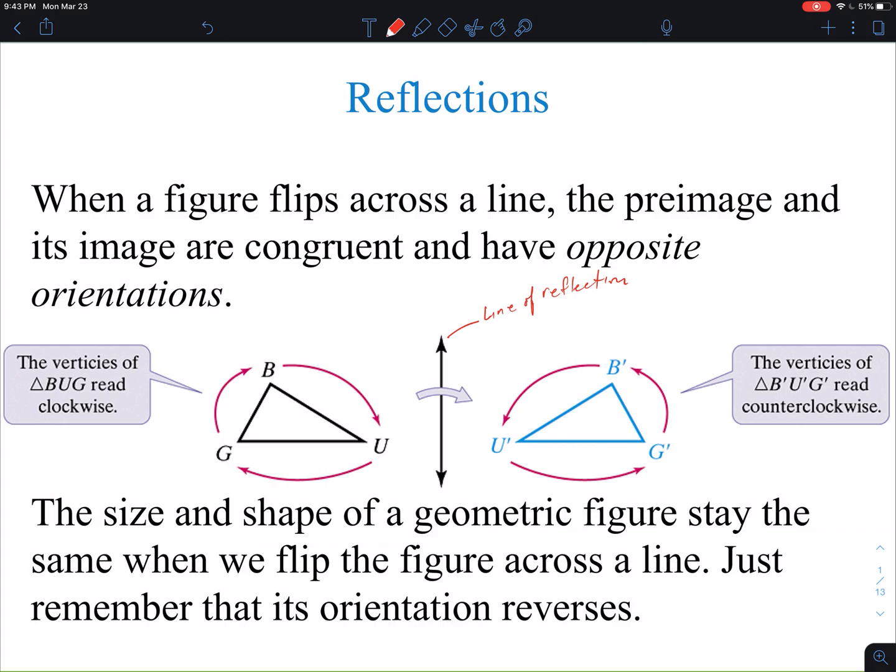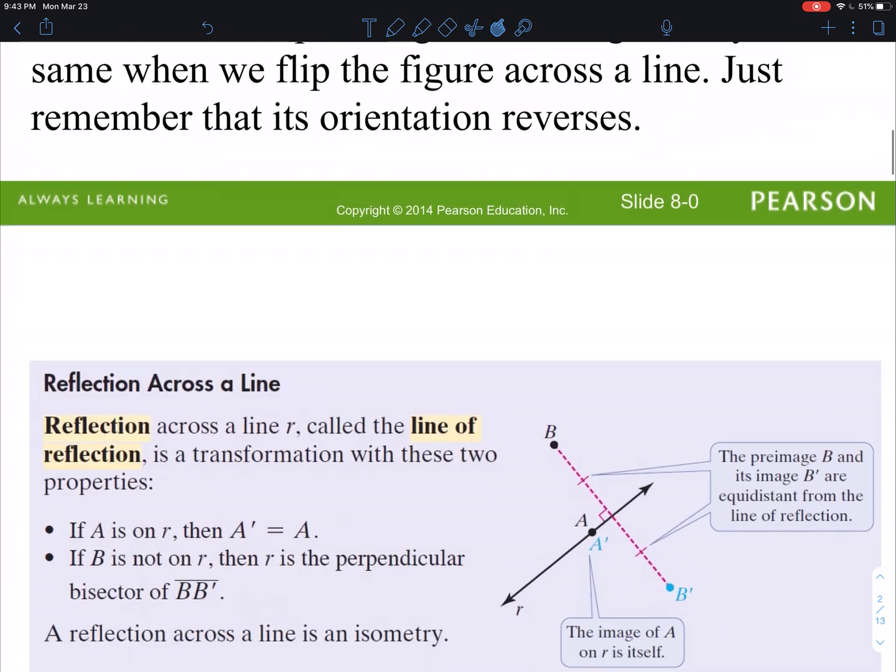So as we read the vertices triangle bug, I love that, triangle bug, is clockwise, then its reflection will be counterclockwise. And that's an essential piece to keep in mind, okay? We know that it's a rigid transformation because the size and shape are going to stay the same. That's one of the rigid transformations and isometries that we've been talking about.